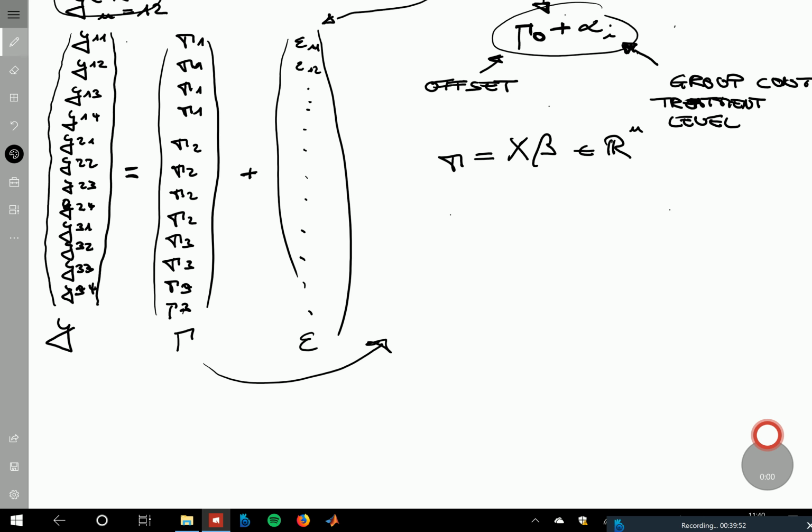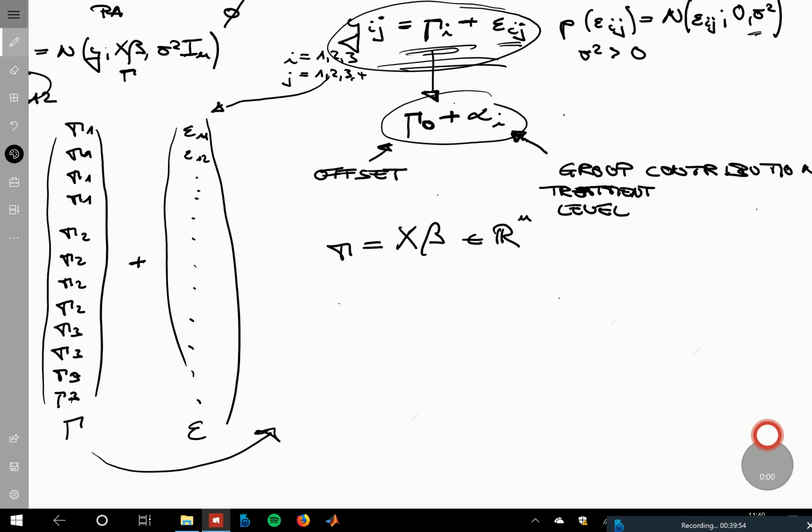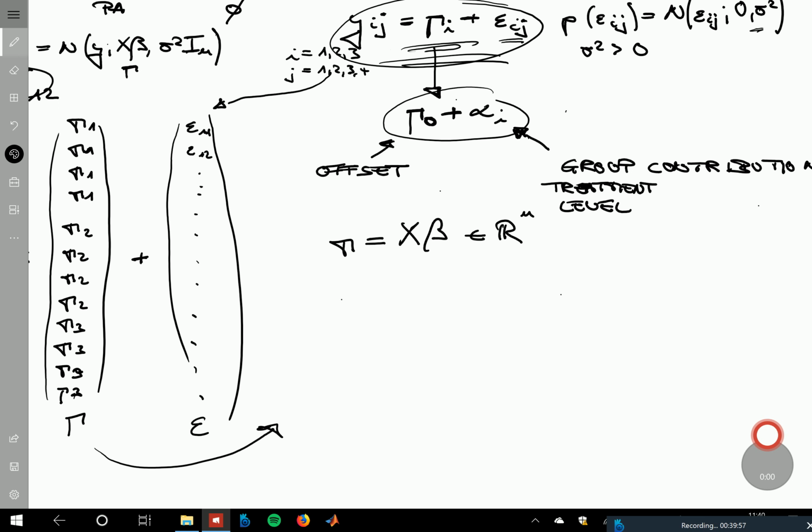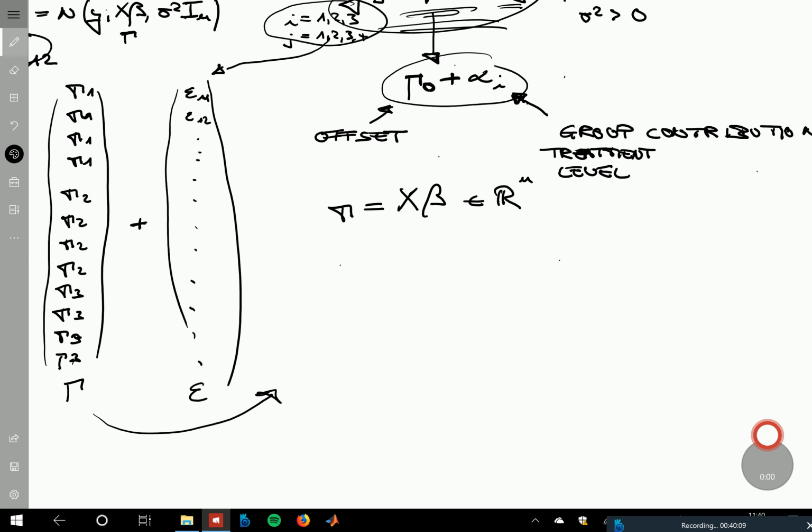So first of all, how many alpha i do we have? If I is given here, 3. So we have then in total 4 parameters. So our beta is mu0, alpha 1, alpha 2, alpha 3.